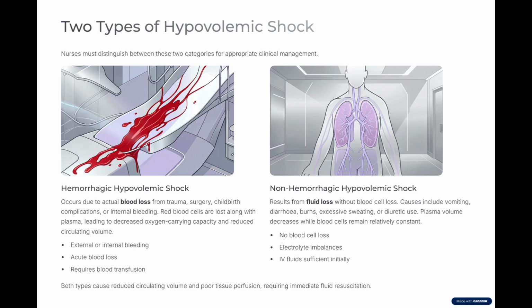Non-hemorrhagic shock results from fluid loss without significant red blood cell loss. Causes include vomiting, diarrhea, burns, and excessive sweating. In these cases, isotonic IV fluids are typically sufficient initially. Both types reduce circulating volume and impair tissue perfusion, requiring rapid intervention.